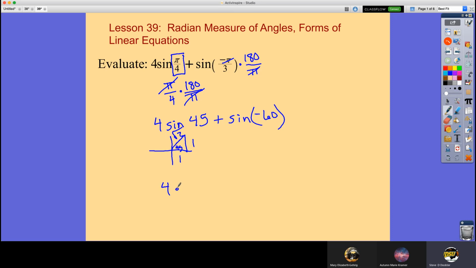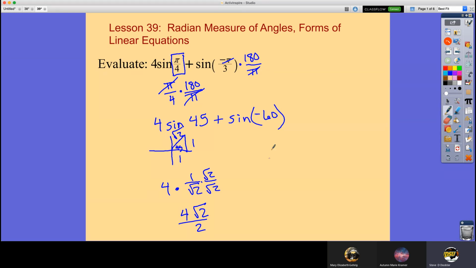So we've got 4 times 1 over the square root of 2. If you wanted to simplify that quick, this would be times square root of 2 over square root of 2, which would be 4 square roots of 2 over 2. I'm going to leave that like that for now. I understand that you can simplify these, but we're going to leave it.